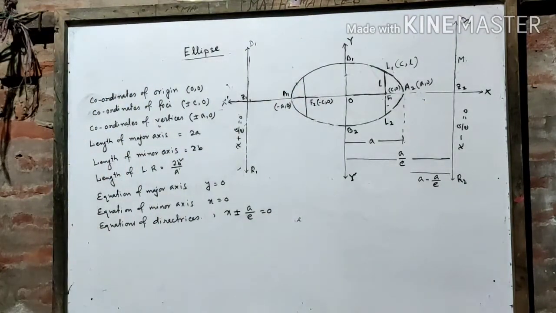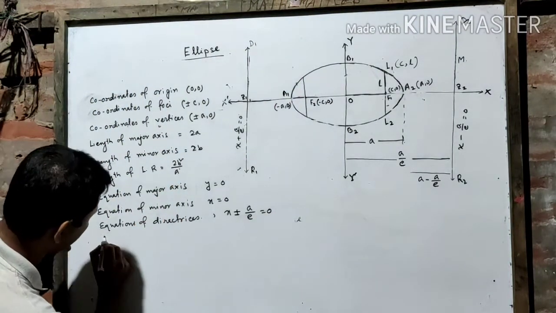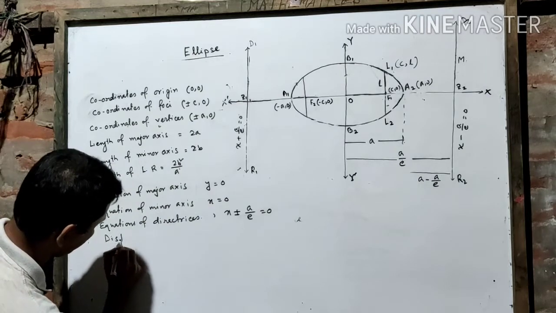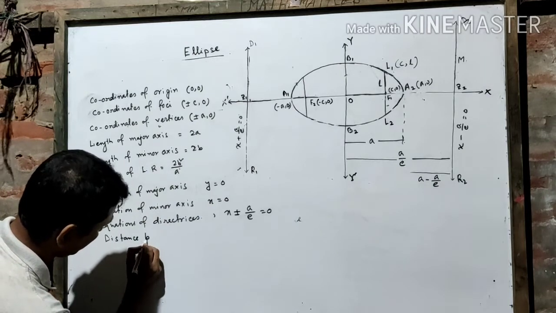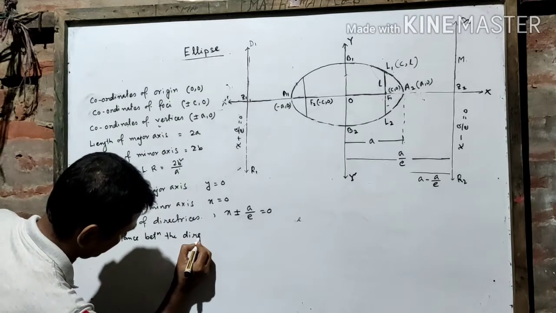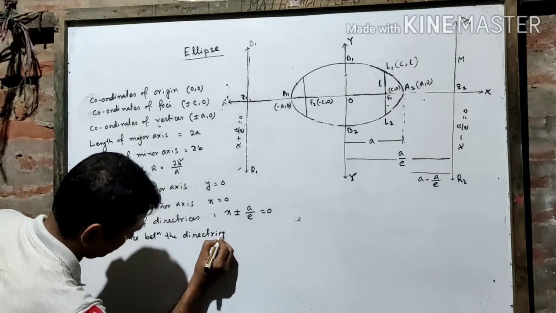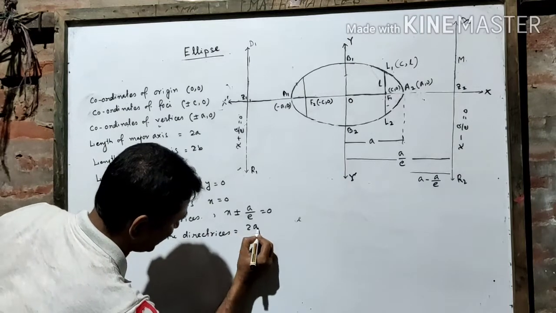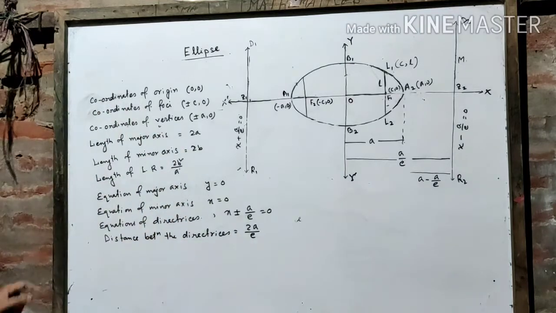Okay, so let's write here. Distance between the directrices is twice a by e.